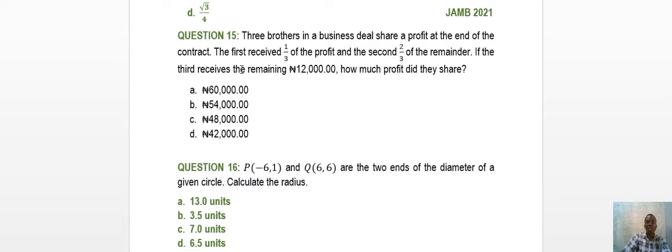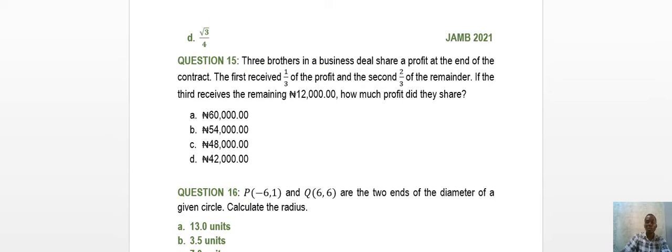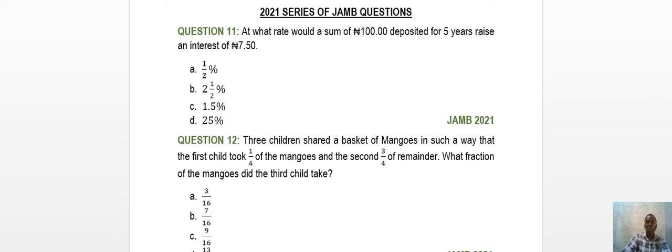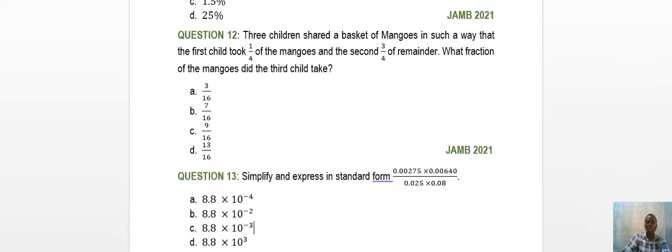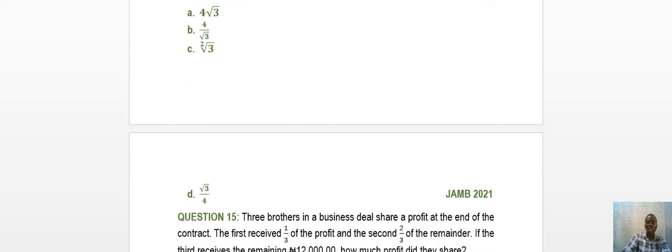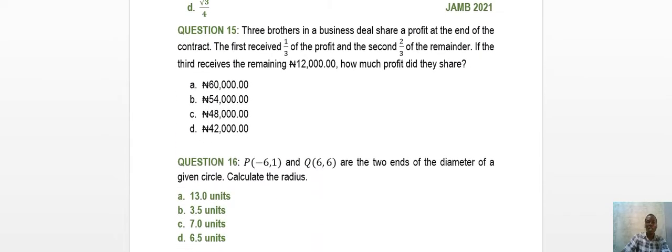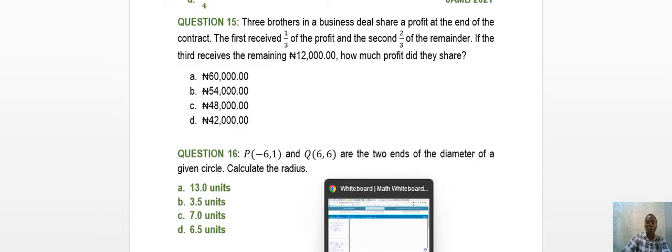If the third receives the remaining 12,000 naira, how much profit did they share? So if you can remember, this question is similar to the question we solved, question number 12, and you are going to follow the same method in solving this question. So let's see how we go about solving it.